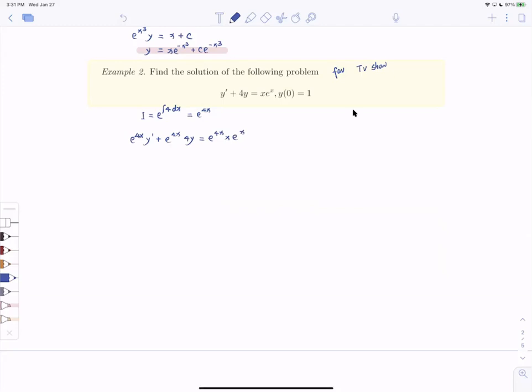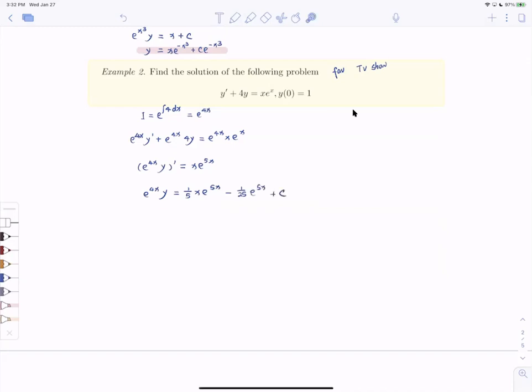Okay, so on your left hand side, you'll get e to the 4x y, the whole thing prime, equals x times e to the 5x. And then you integrate both sides, you'll get e to the 4x y equals 1 over 5 x e to the 5x minus 1 over 25 e to the 5x plus c.